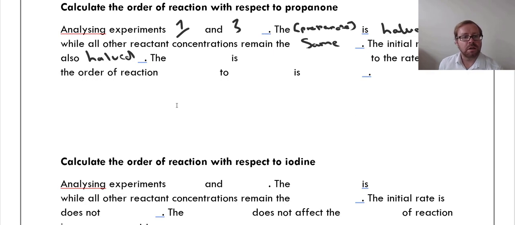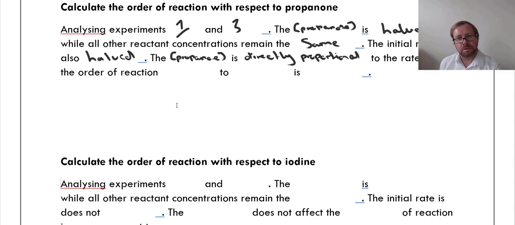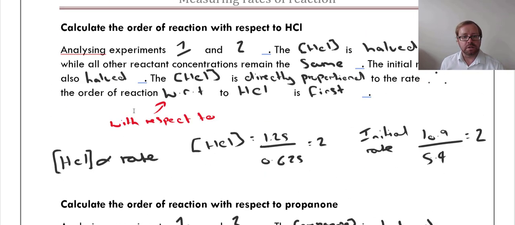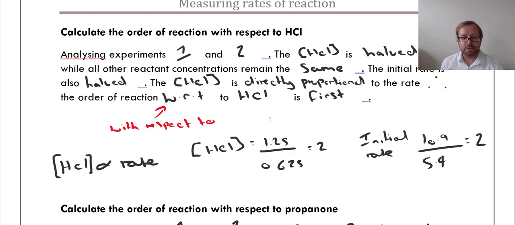Therefore, the concentration of propanone is directly proportional to the rate. Therefore, the order of reaction with respect to propanone is first order or 1. Again, we could do a calculation just to show it.